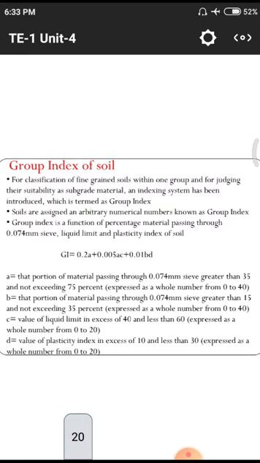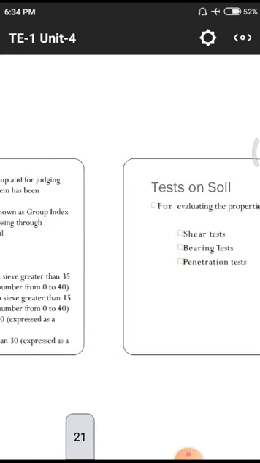After each percentage we roll some quantity of matter into small thread-like structures, so that we can observe the thickness of the thread. Using that thickness, we observe the plasticity index, at what point the thread breaks. Okay, that is the total procedure for calculating the group index of a soil.